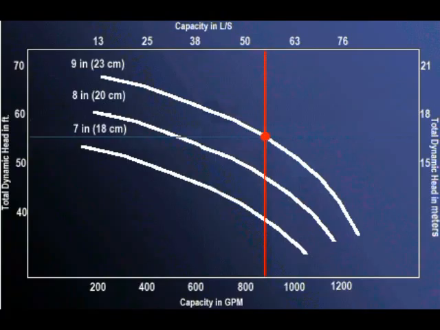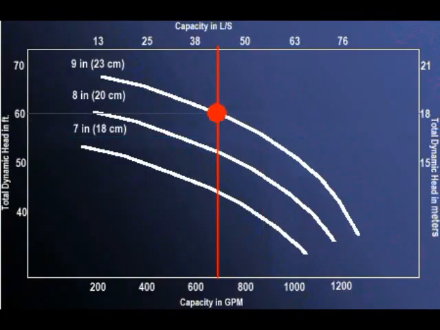This can best be explained by considering the 23 centimeter, 9-inch impeller for the pump curve shown, which shows the pump delivering 55 liters per second, 880 gallons per minute, against a 17-meter, 55-foot head. If the discharge head is increased by 1 1/2 meters, 5 feet, because of additional friction losses or throttling of the discharge valve, then the discharge is decreased to 42 liters per second, 660 gallons per minute.